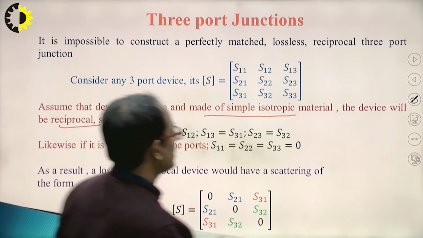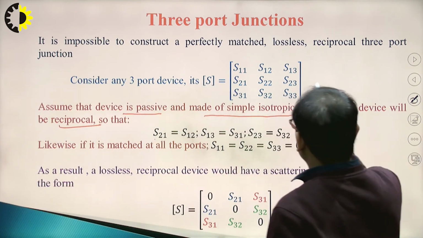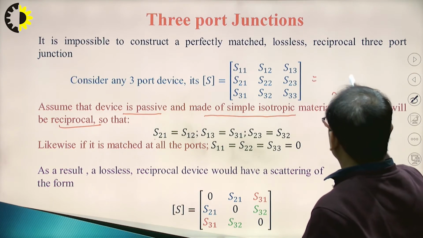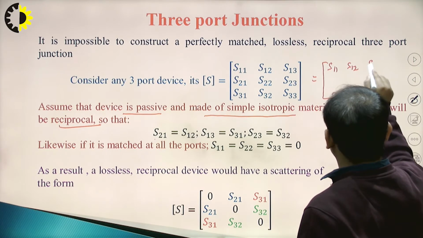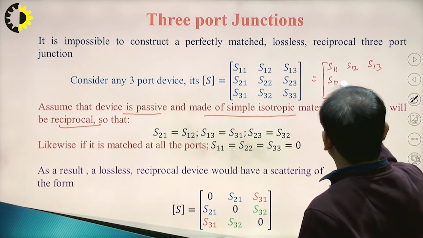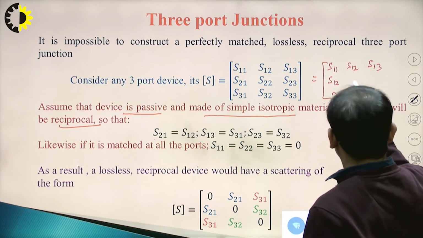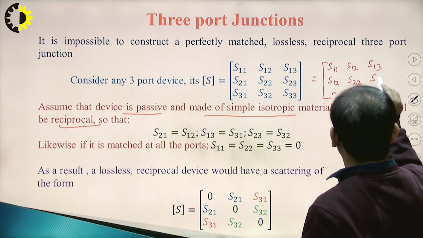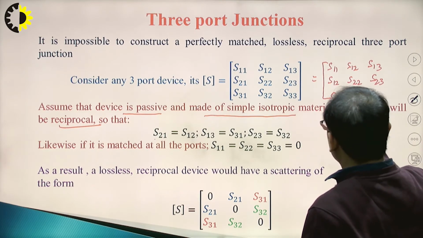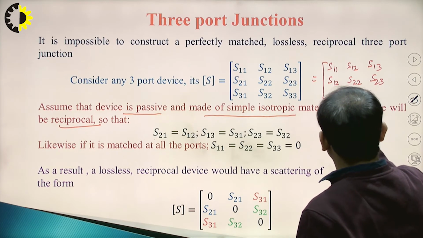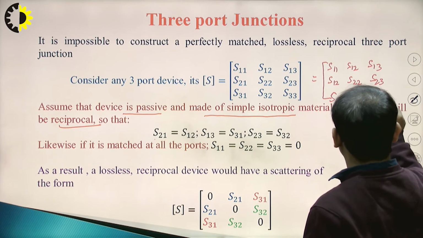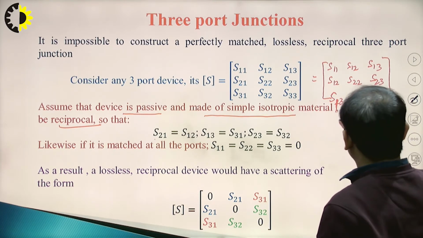It means I can say that the S matrix will be equal to S11, S12, S13, then S12, S22, S23, and S13, S23 and S33.